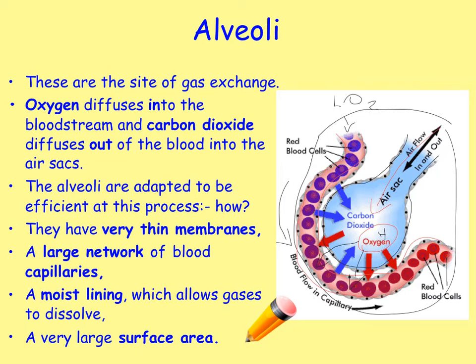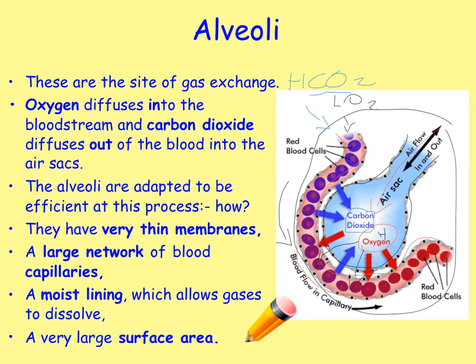When it comes to carbon dioxide, as the blood is coming towards the lungs, we've got a high carbon dioxide level. The reason for that is that the cells have been involved in respiration, and carbon dioxide is being produced. So the carbon dioxide level in the blood is higher than in the air being breathed into the lungs and into the alveoli.